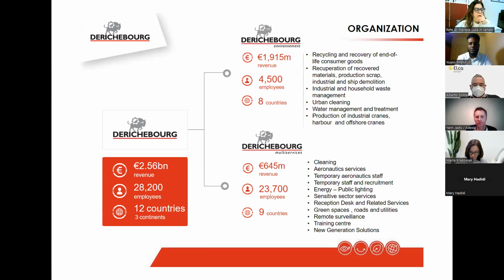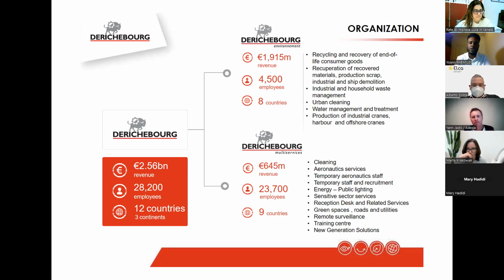De Richebourg is actually a group divided in two main companies. The first one is De Richebourg Environment, the one I'm working for, whose activities are mainly focused around recycling, waste collection, waste hauling, urban cleaning, and that kind of activity.